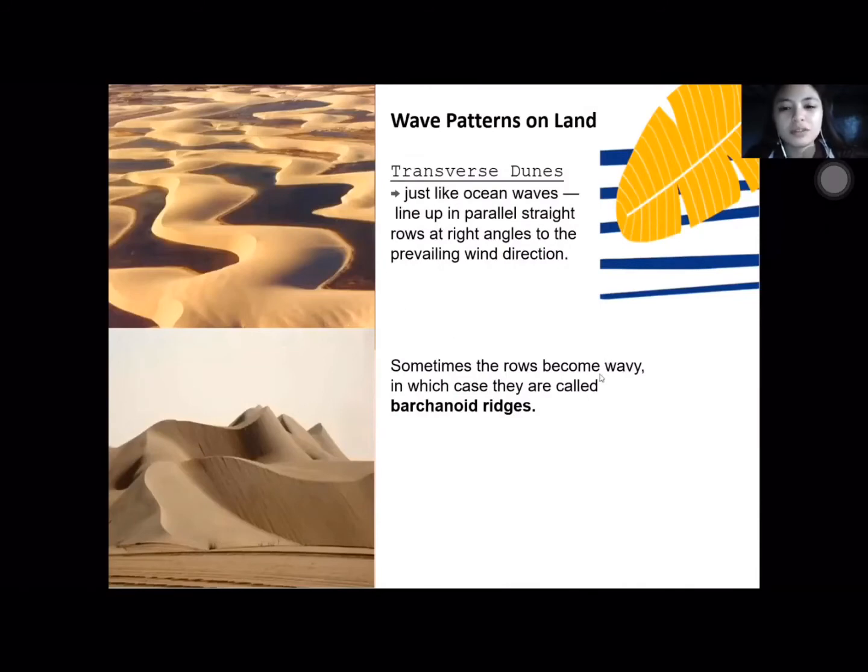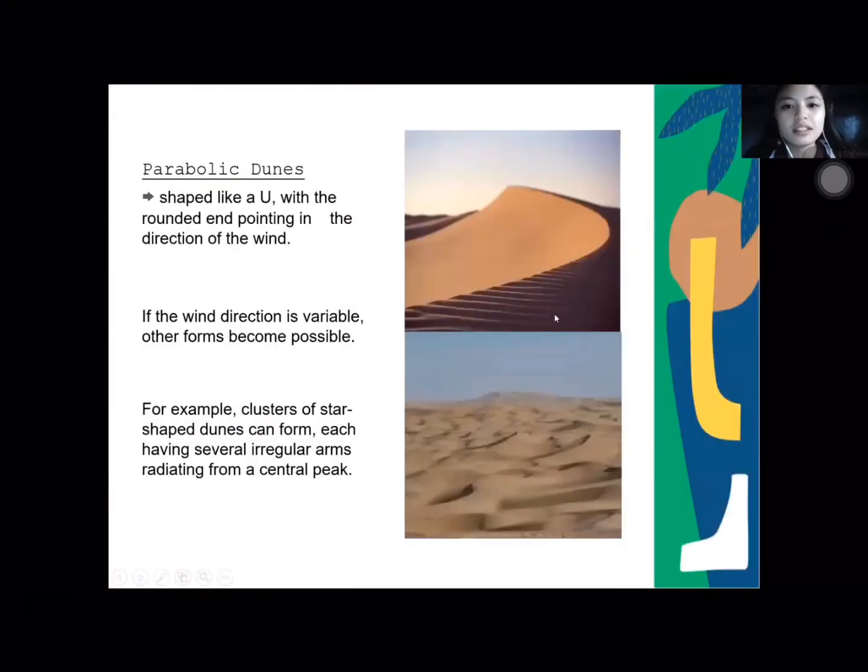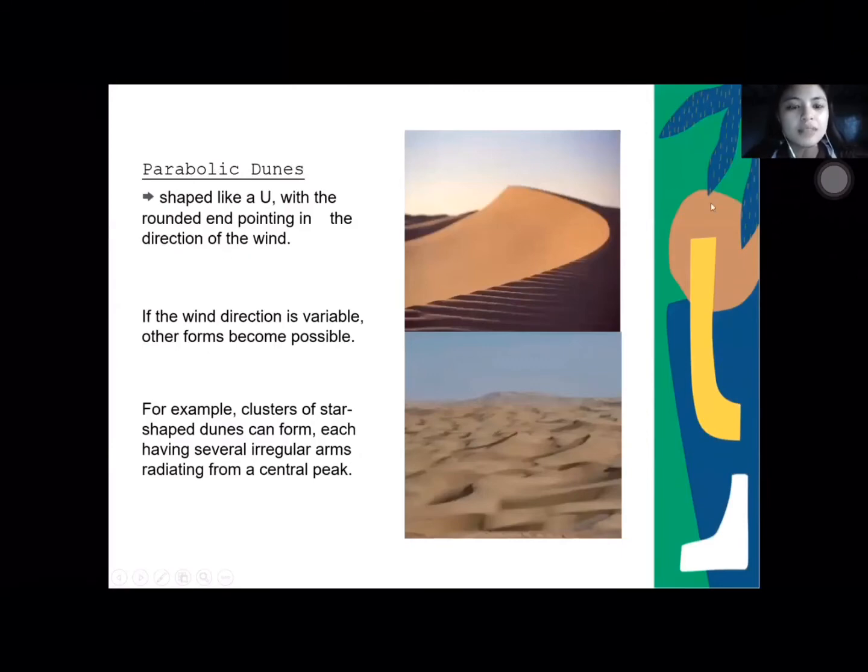Sometimes the rows become wavy, in which case they are called barchanoid ridges. The next example is the parabolic dunes, shaped like a U with a rounded end pointing in the direction of the wind. If the wind direction is variable, other forms become possible. For example, clusters of star-shaped dunes can form, each having several irregular arms radiating from a central peak.